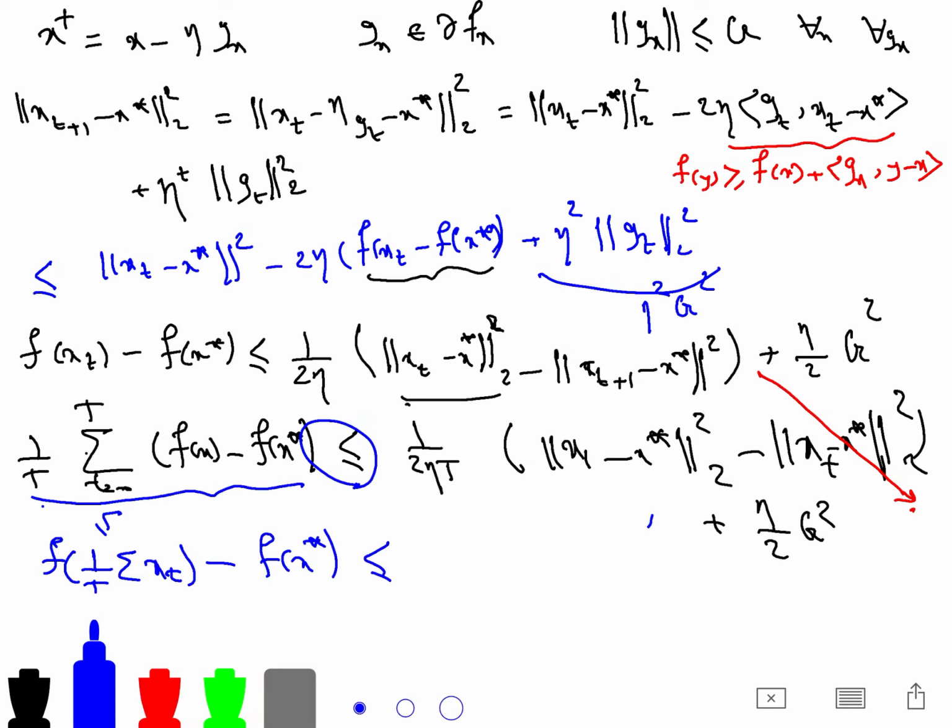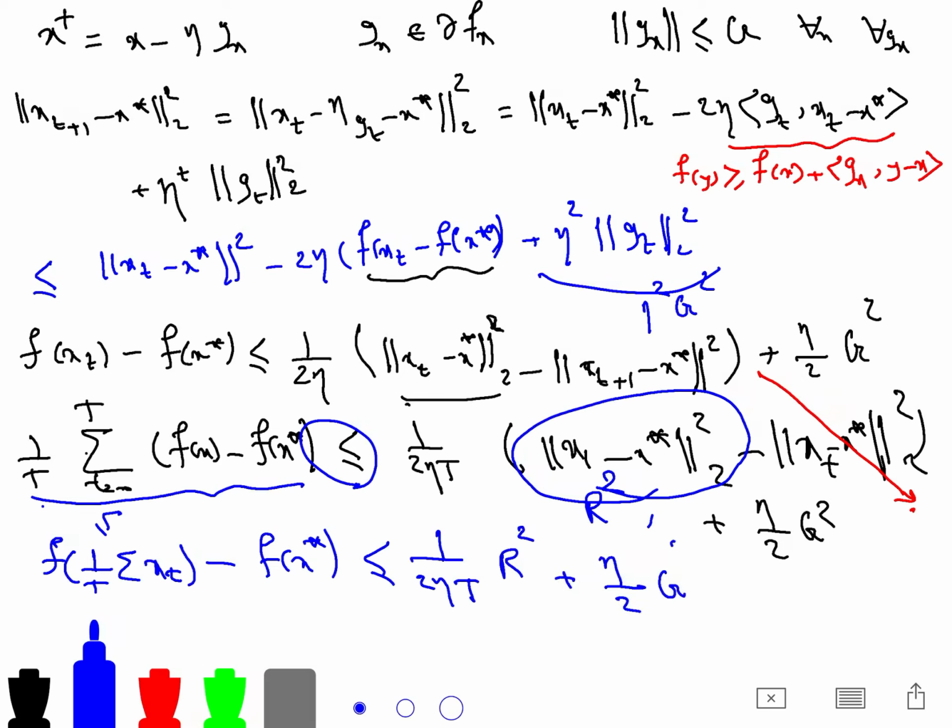And this is less than 1 over 2 eta T times r squared, where I define this as a constant r squared, plus eta over 2 G squared.